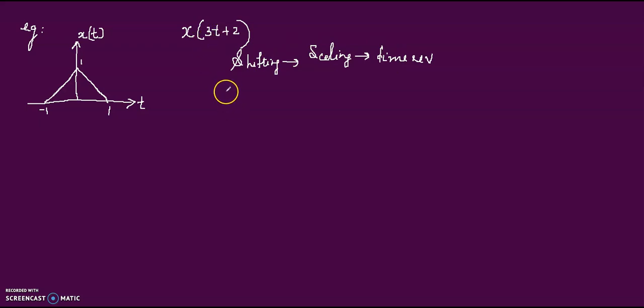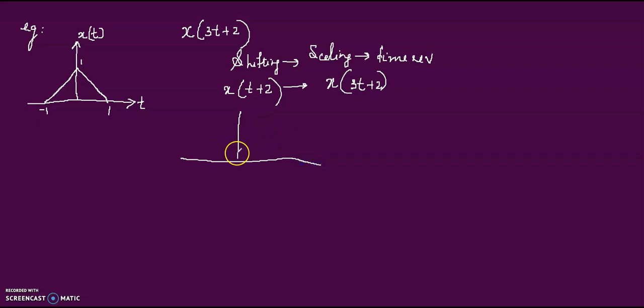So first we can do the shifting here. Shifting means x of t plus 2. It is 3t, but we have to do all the operations with t alone. So first we do x of t plus 2, then we do x of 3t plus 2.